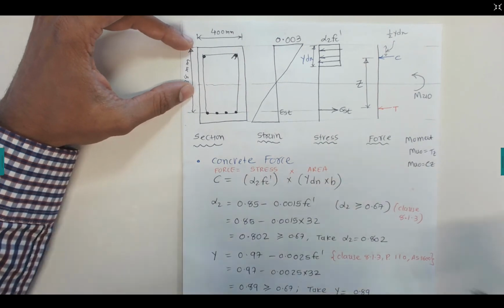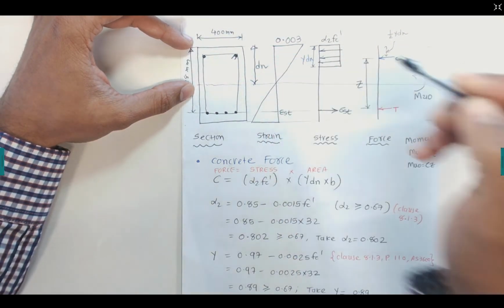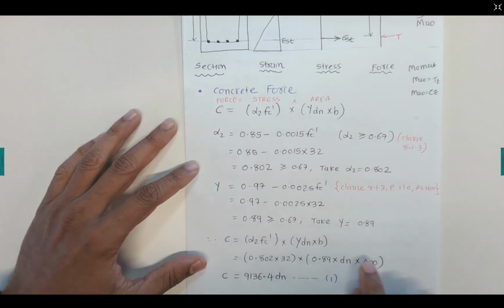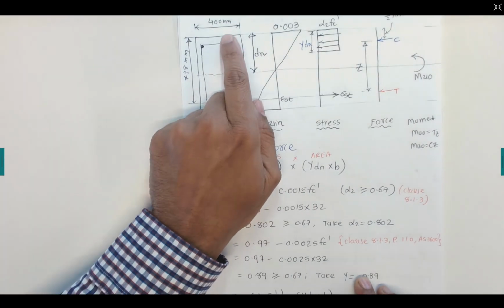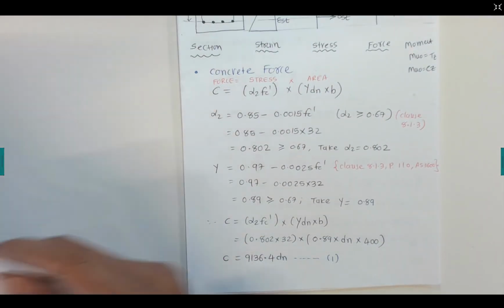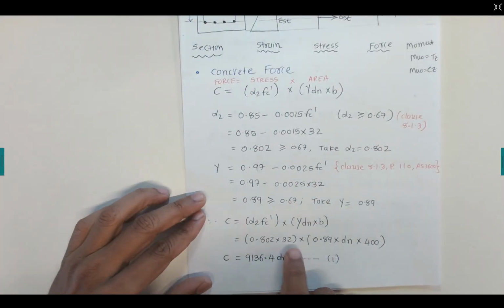Times the width of the beam, which is 400 millimeters, given again in the question, at the start of the question. So that simplification gives 9136.4 dn, and we call this equation 1.